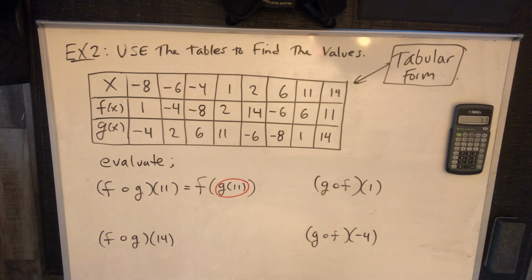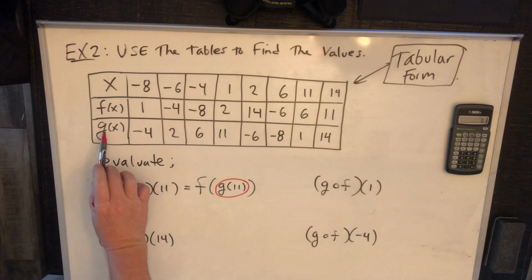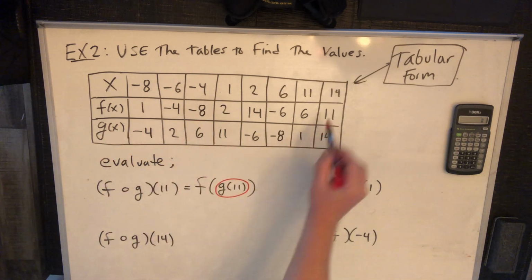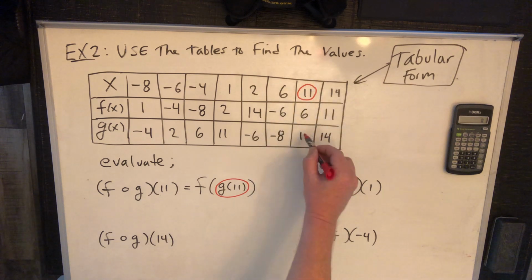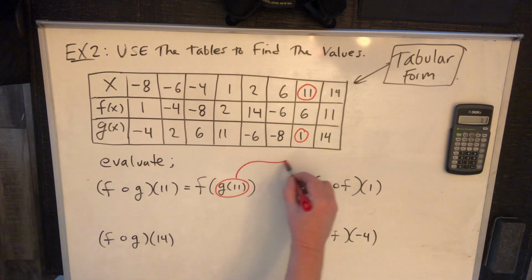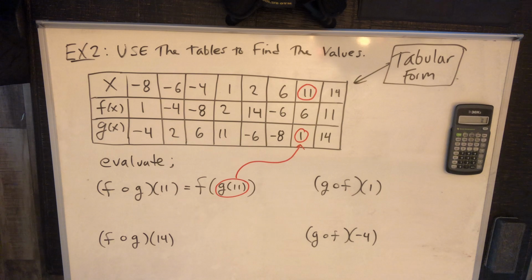We're going to find the value of g of 11 first. So we find the function g of x, we find the x value of 11. This value, 1, is g of 11.